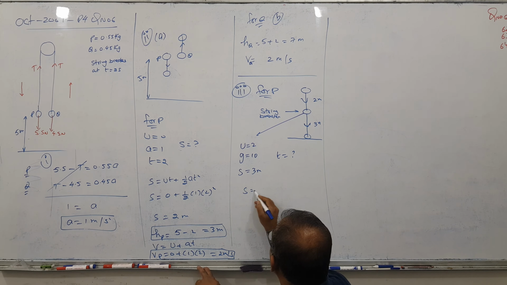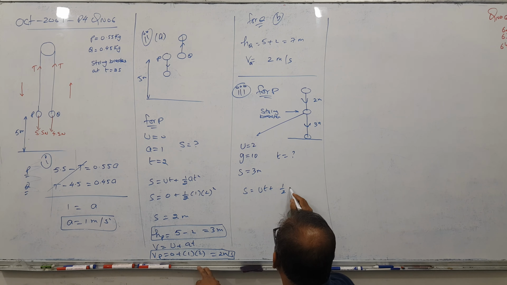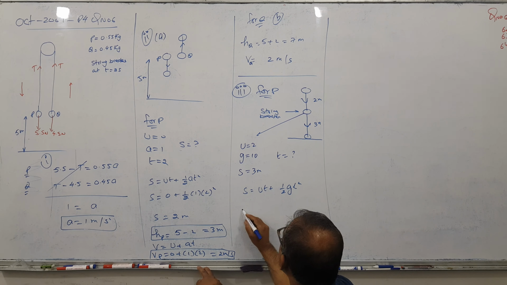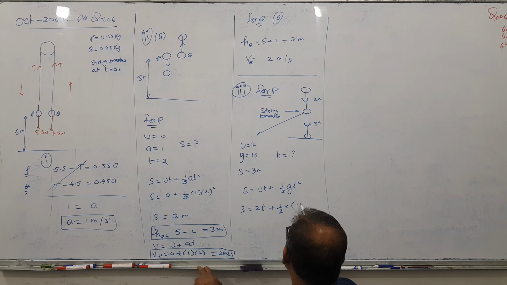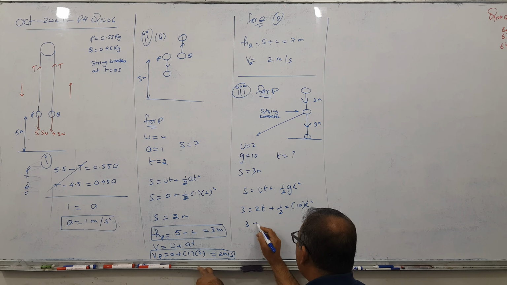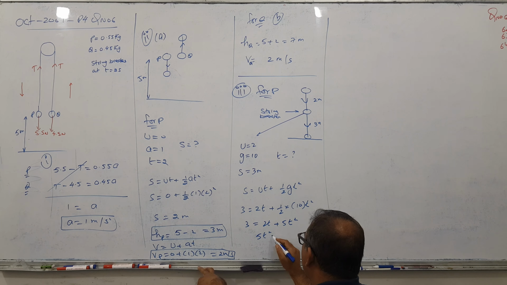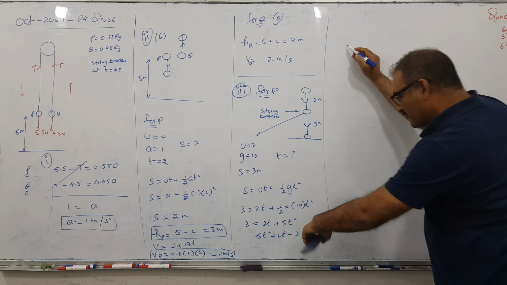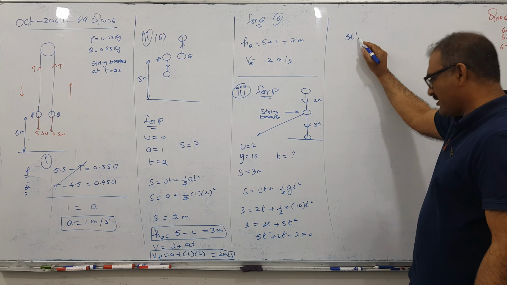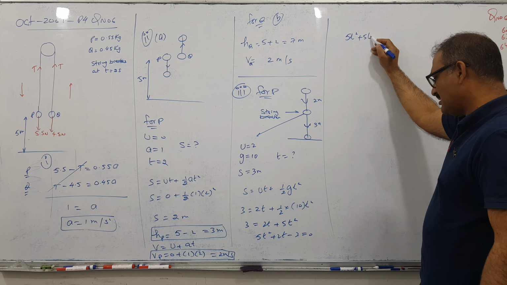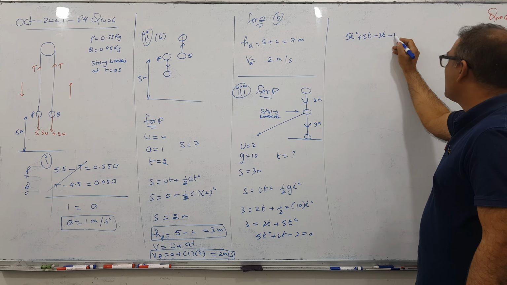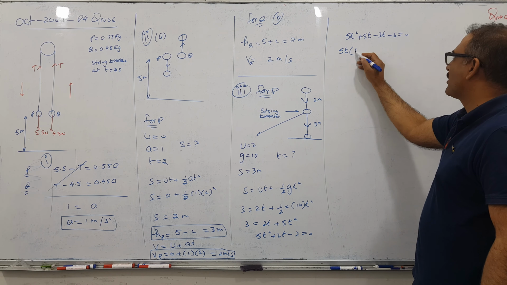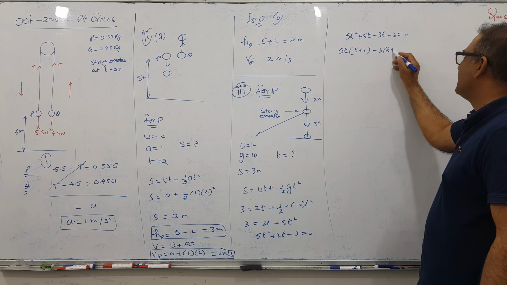So let's find time. S is equal to ut plus half at square, or half gt square. So S is 3, u is 2, time is the question, gravity plus 10. So 3 equals 2t plus 5t square. So 5t square plus 2t minus 3 equals 0. Let's factorize: 5 times 3 is 15, so 5t square plus 5t minus 3t minus 3. 5t common, I got t plus 1, and 3 common, I got t plus 1.